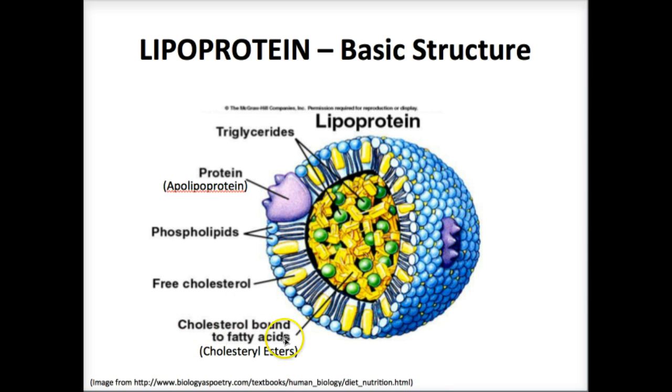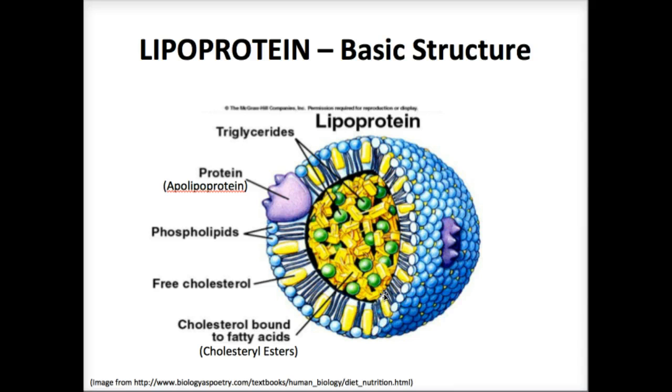And then once it's picked up by the particle, it can be converted into what's called cholesterol esters. And it's essentially just bound with fatty acids. And what that does is it enables the cholesterol in the form of cholesterol esters to be packed more tightly inside the lipoprotein particle so that the particle can actually carry around more of it.